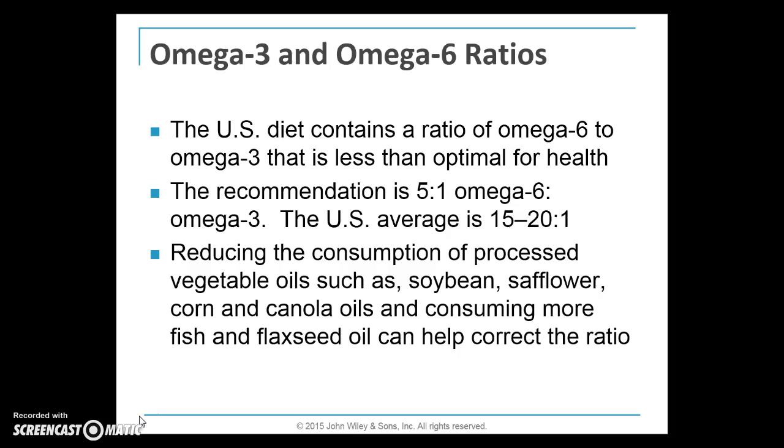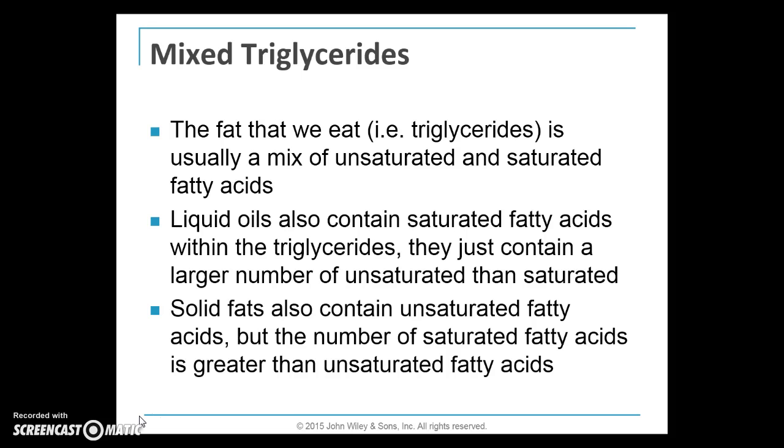So the focus with dietary consumption of lipids or triglycerides, bringing it all the way down to omega-3 and omega-6, is to reduce our consumption of processed vegetable oils such as soybean, safflower, corn, and canola oils, and consume more fish and flaxseed oil to help correct this ratio.